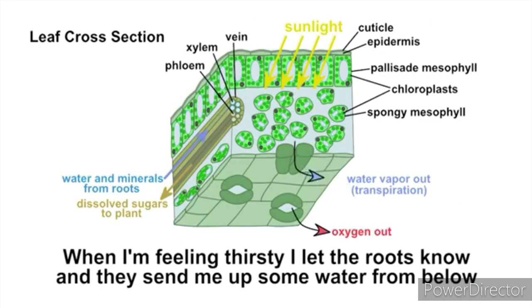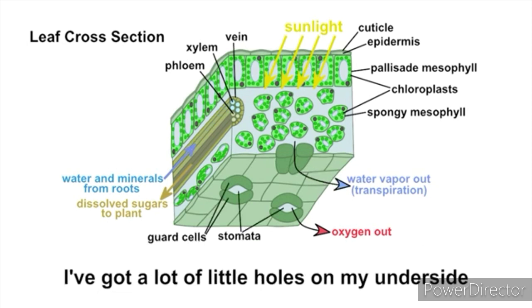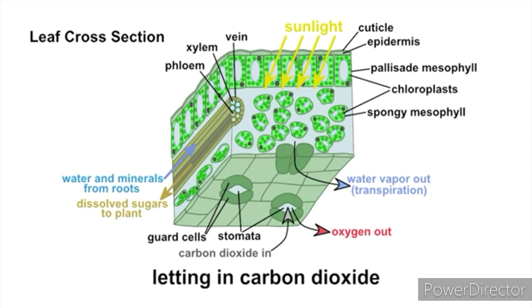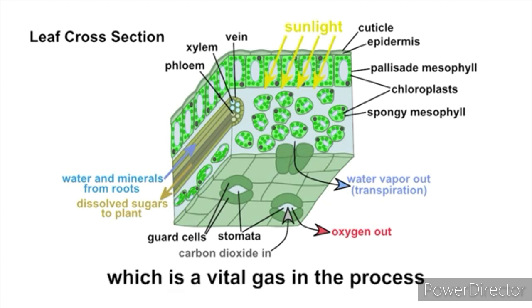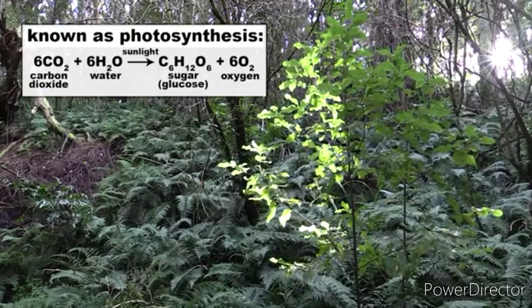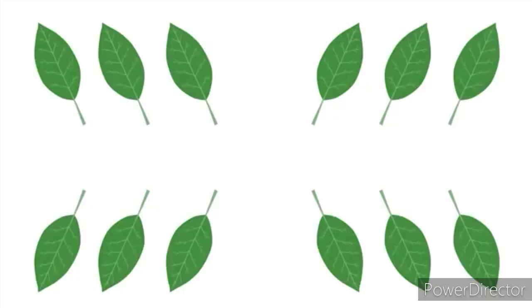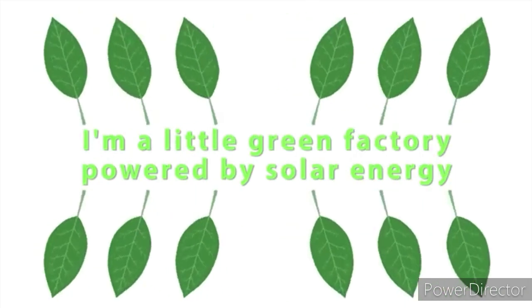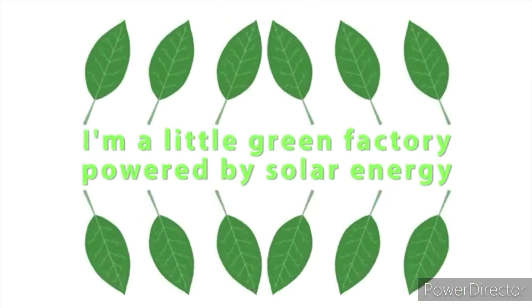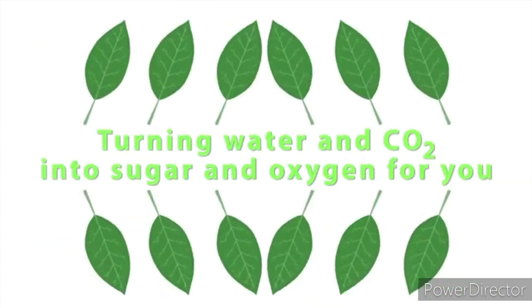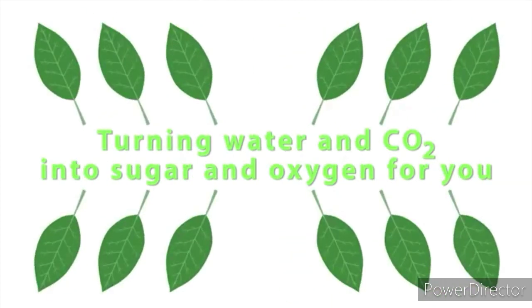When I'm feeling thirsty, I let the roots know, and they send me up some water from below. I've got a lot of little holes on my underside, letting in carbon dioxide, which is a vital gas in the process known as photosynthesis.